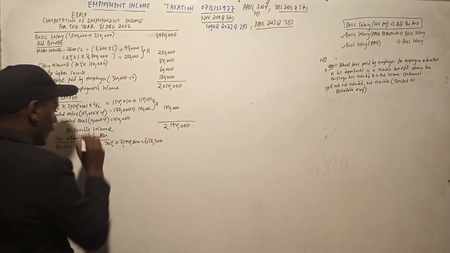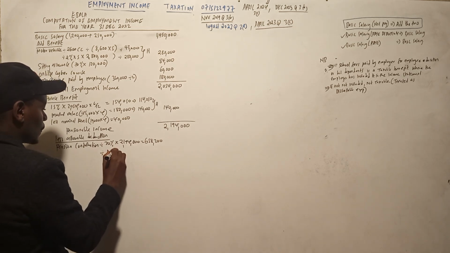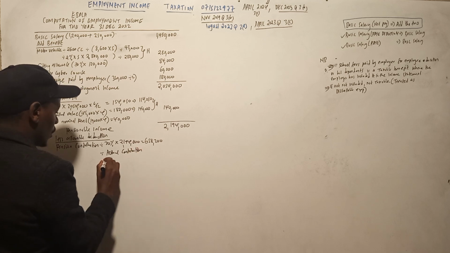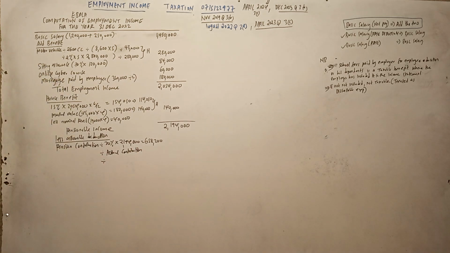Haya, actual contribution. Okay, before tuangalie walilipa wakati walikuwa nalipa. Kumbuka actual contribution is to 40,000. So let's go to pension contribution.